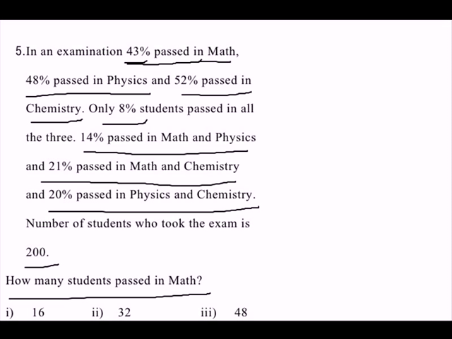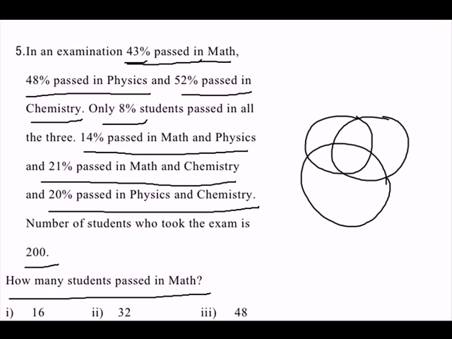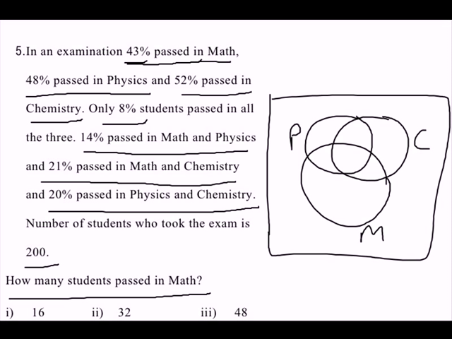Now we'll need three circles, each representing physics, chemistry and maths. So I've got my P, C and M, and as usual, for the sake of completeness, let us also draw the universal set, which is represented by the number 200 here.